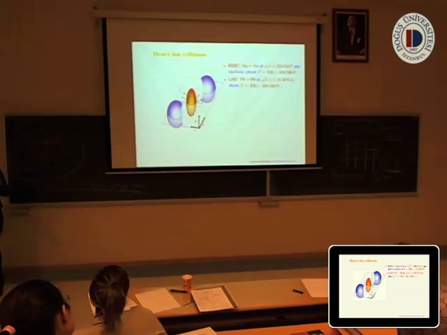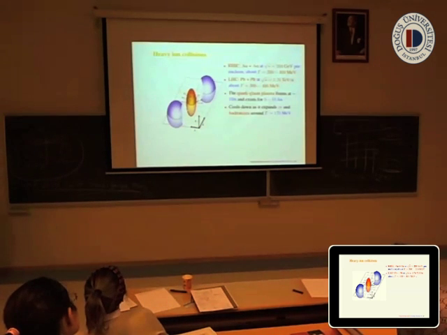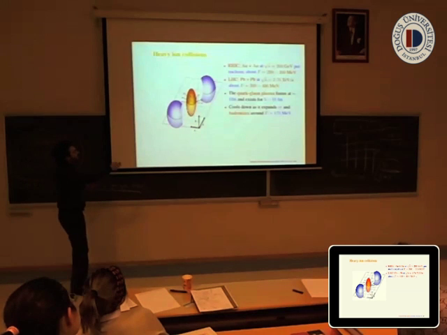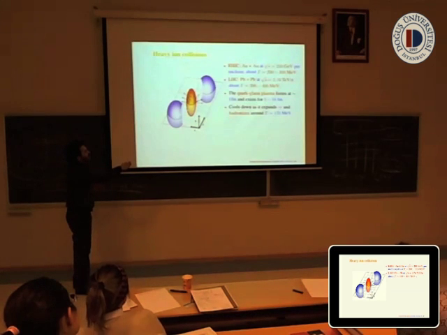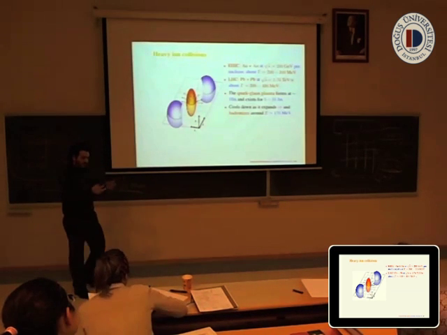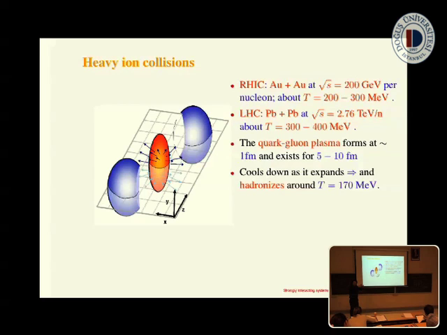And then this state of matter that is obtained after the collision starts expanding. As it expands, the thermal fluctuations die off, so the temperature goes down and it cools down, as it expands slowly. Well, I will define what slowly is. Not that slow. And then after some time, it hadronizes.